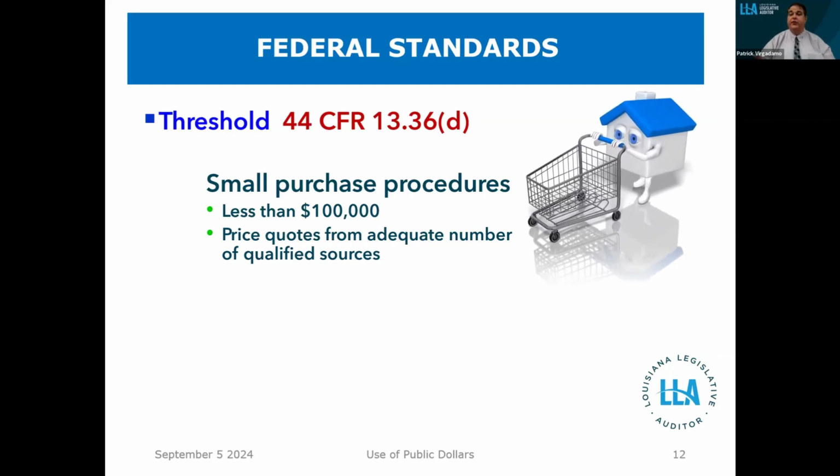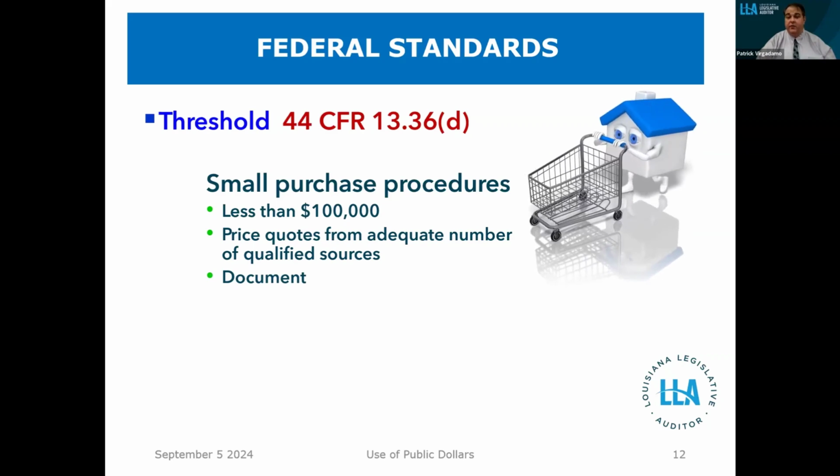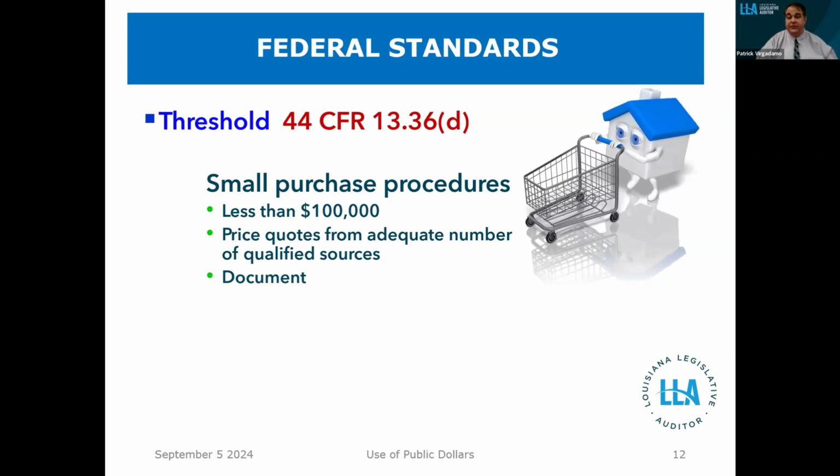The idea is you're ensuring you're getting some competition so that the amount you ultimately spend is competitive. It's important to note you need to document that you obtained these quotes and that you have enough quotes, so that when you're asked to explain why you paid this entity for something less than $100,000, you have that documentation and you don't jeopardize your reimbursement.